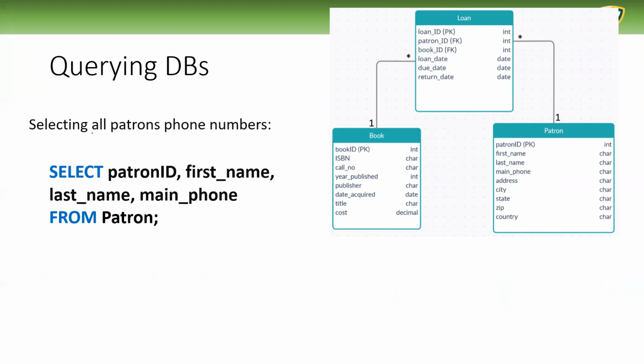If you want all the attributes of the patron table, then you can just use the asterisk instead. But if you want just some attributes, you identify them, and you separate them by commas. After the last one, you don't need a comma. And then the keyword from, and then the table where they're coming from, and the semicolon. And that will retrieve all the records from the patron table.